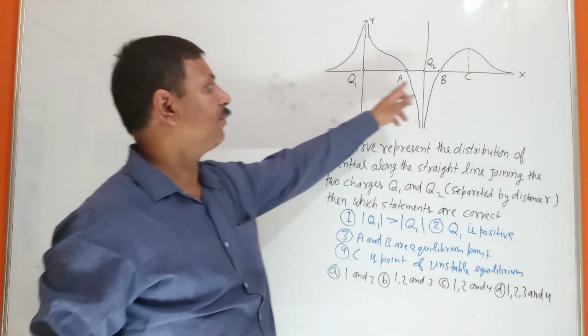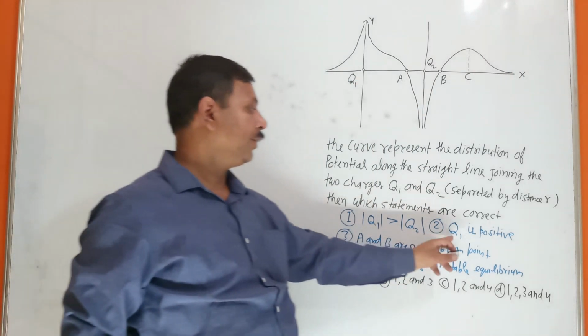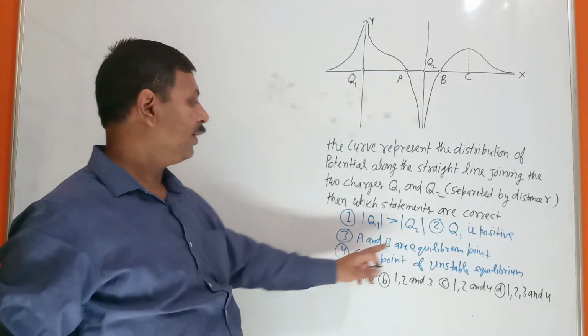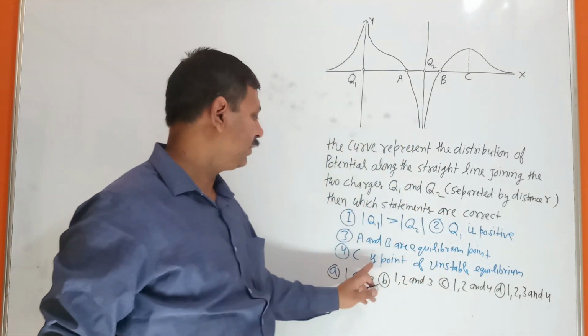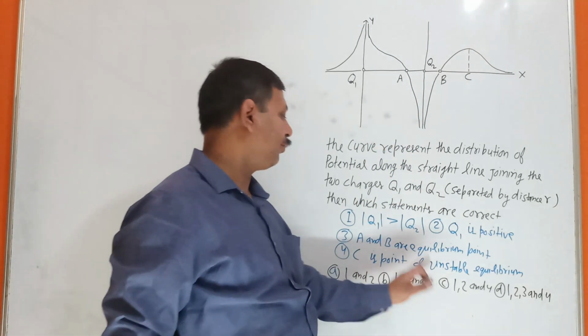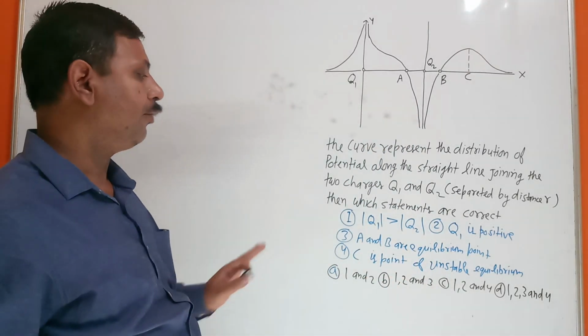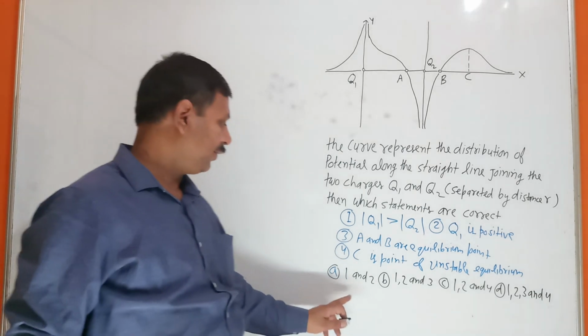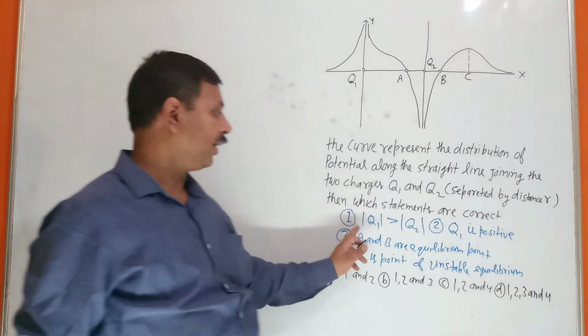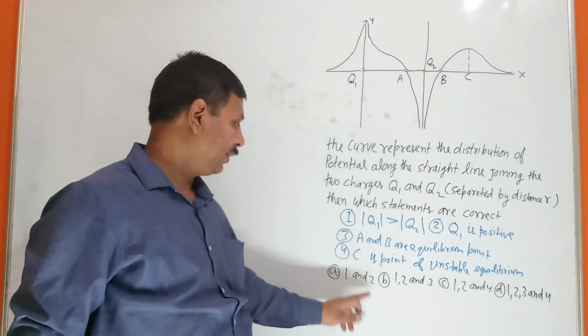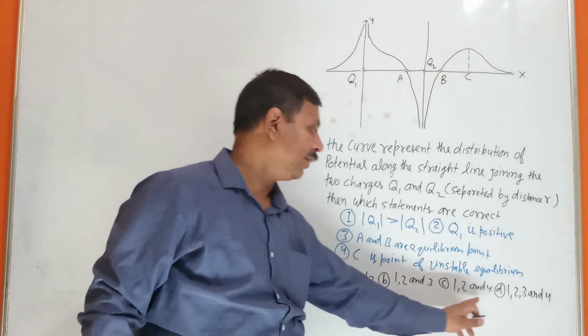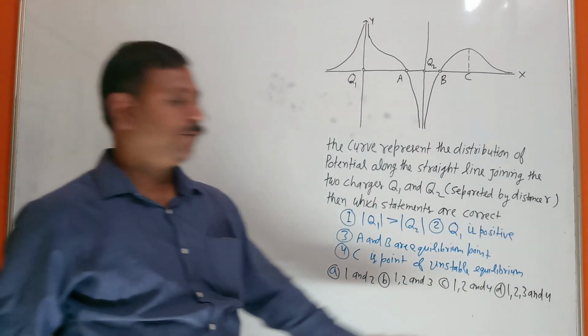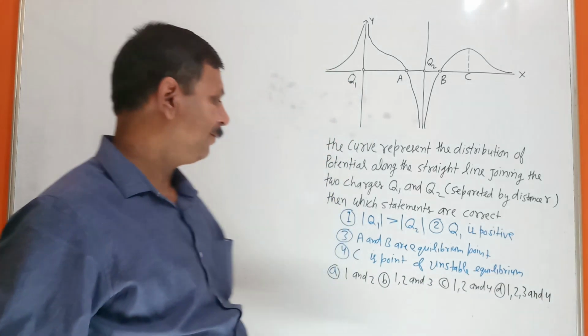First, the magnitude of Q1 is greater than Q2. Second, Q1 is positive. Third, A and B are equilibrium points. Fourth, C is a point of unstable equilibrium. The options are: 1 and 2 correct; 1, 2, 3 correct; 1, 2, 4 correct; 1, 2, 3 and 4 correct.